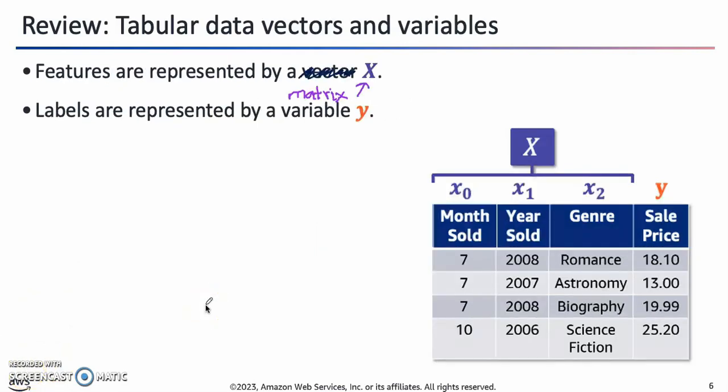So using some notation here, it's common to use the letter X to denote how we store the features. The features are columns, and we may say that there is a matrix that is storing columns that may have indices like x sub 0, x sub 1, x sub 2.